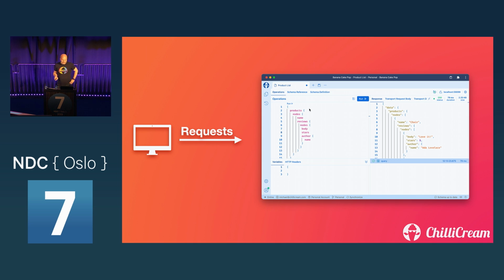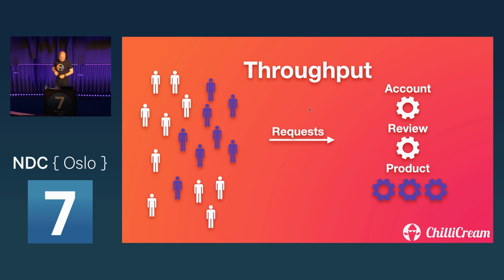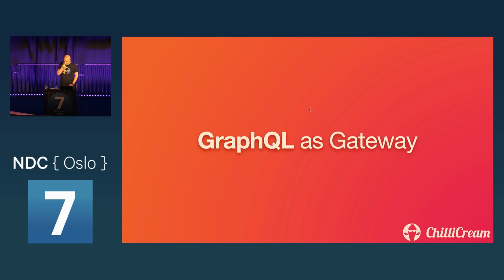And when my desktop application asked for the same list but needed more information, it would use more services behind that. So when we had high pressure on our GraphQL layer, which was just very thin on top, we could scale the services behind that. So we used GraphQL as a gateway.